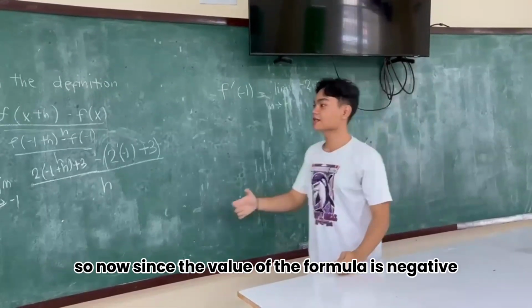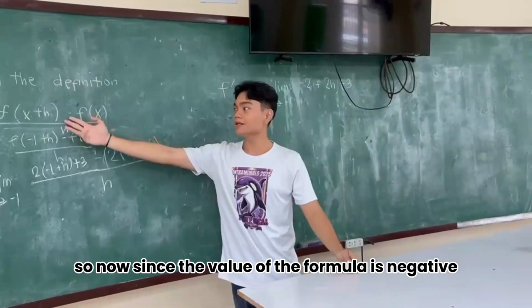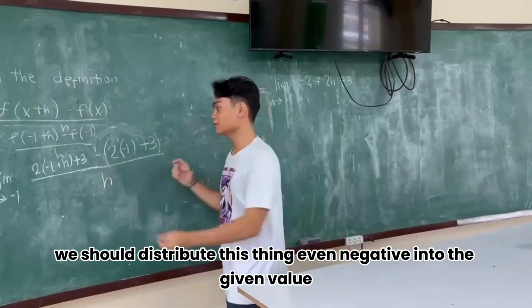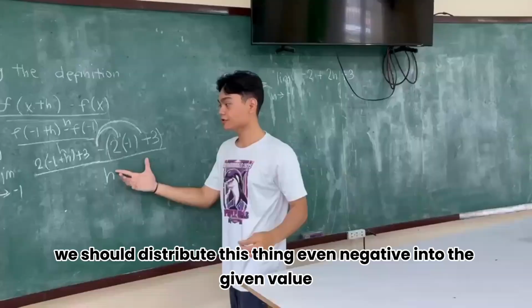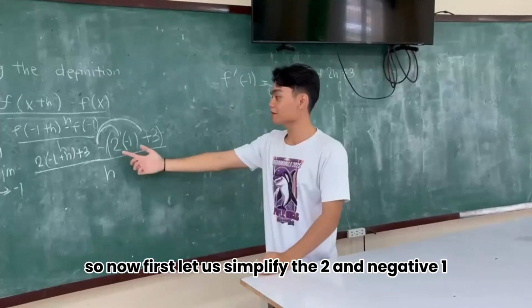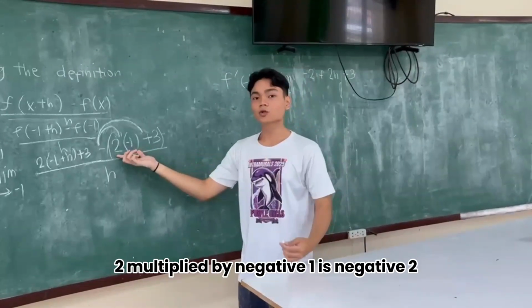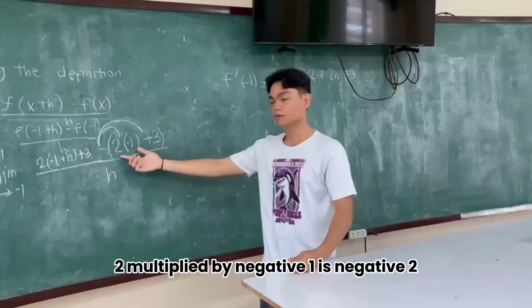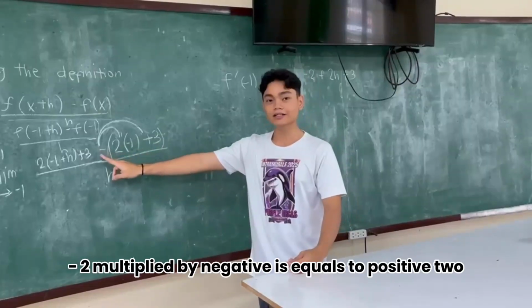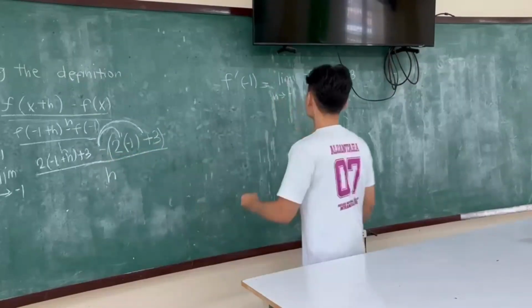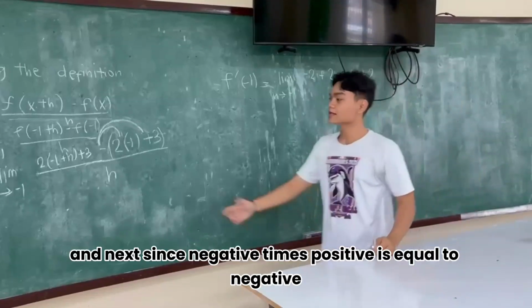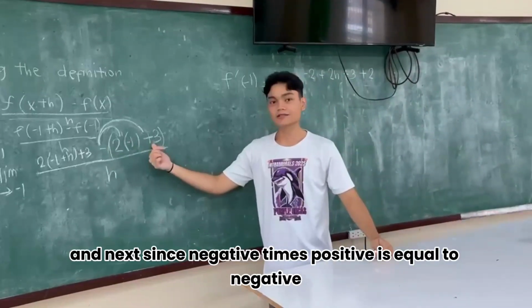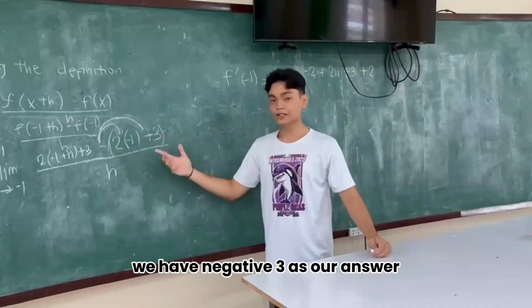Since the expression is subtracted, we should distribute the negative into the given values. First, 2 multiplied by negative 1 is negative 2, and negative 2 multiplied by the negative is positive 2. So now, we have positive 2 here. And next, since negative times positive is negative, we have negative 3 as our answer.